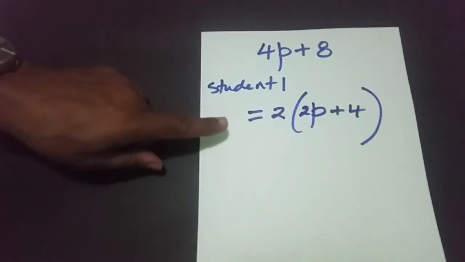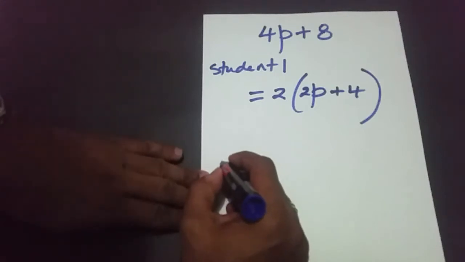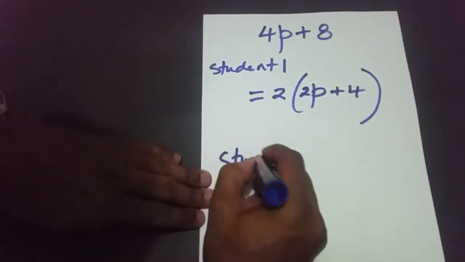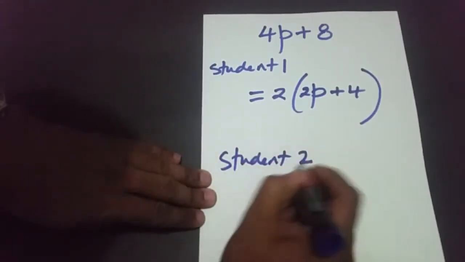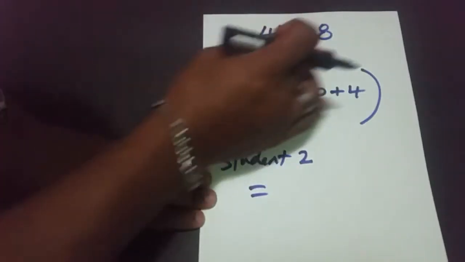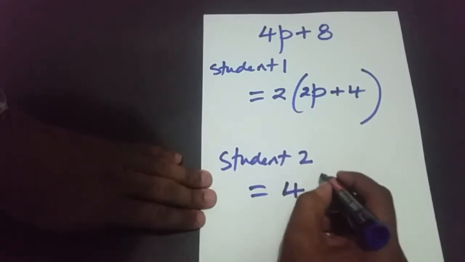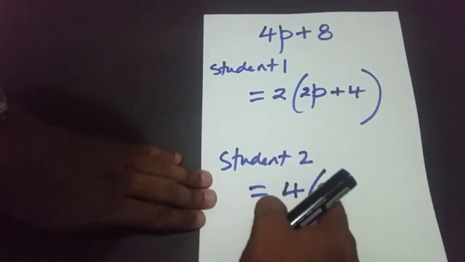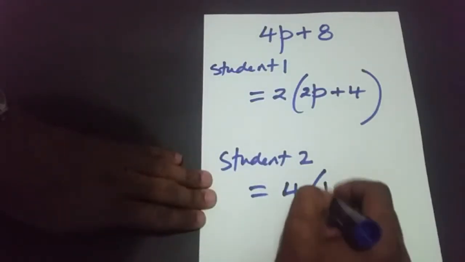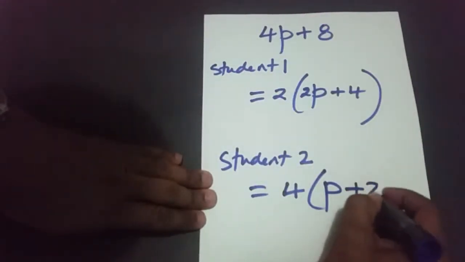Now student 1 has factorized, right? But another student did this as well. So student number 2 did this, all right? So he's looking at 4p plus 8 and says, well, what is common in the 2 would be 4. So 4 outside the bracket, and 4 times what gives you back 4p, that would be p here. And 4 times what gives me positive 8, that would be plus 2.